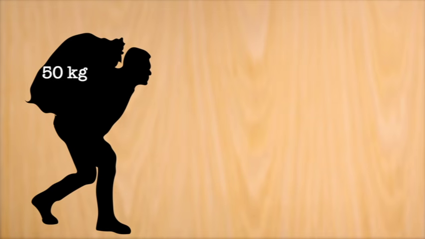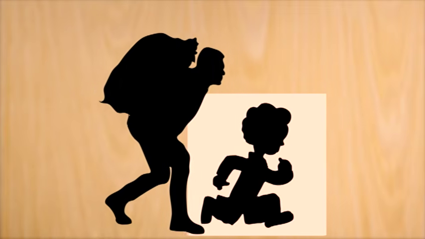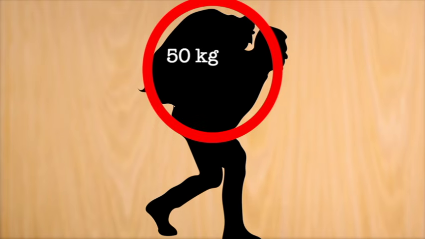Now imagine a 30-year-old man carrying a 50 kg bag of cement and racing with a 7-year-old carrying nothing. Who will be faster? Obviously the 7-year-old, although the 30-year-old man has more energy. The fact that the 30-year-old is carrying something very heavy means that his speed will be reduced.